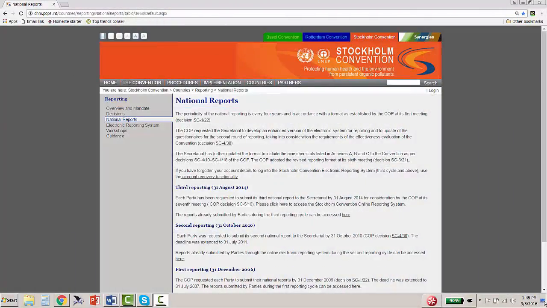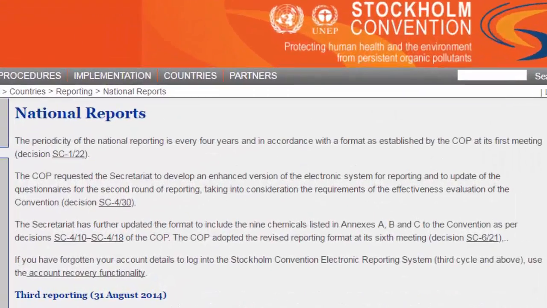This webpage is the gateway to all national reports that have been submitted to the Stockholm Secretariat. As you'll note here, national reports are submitted at 4-year intervals.